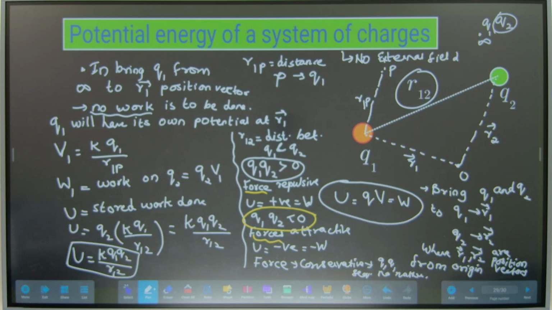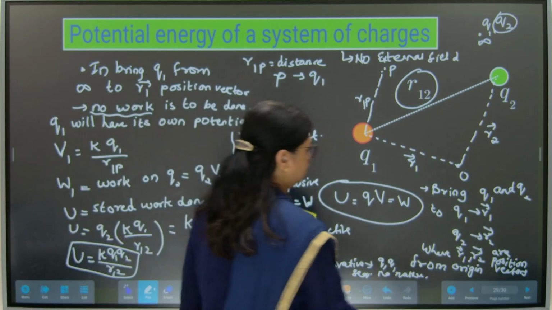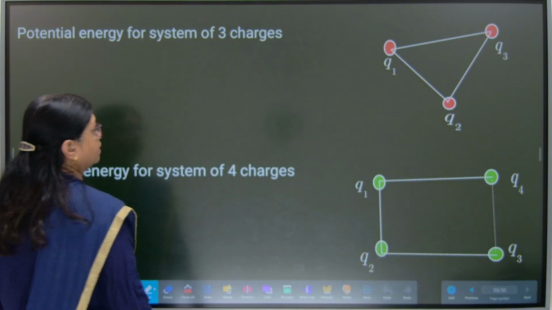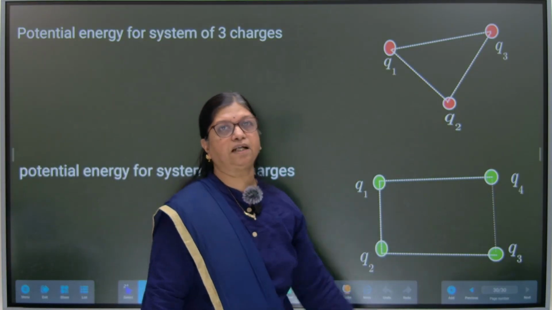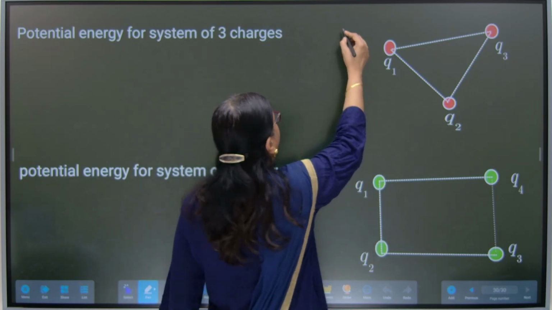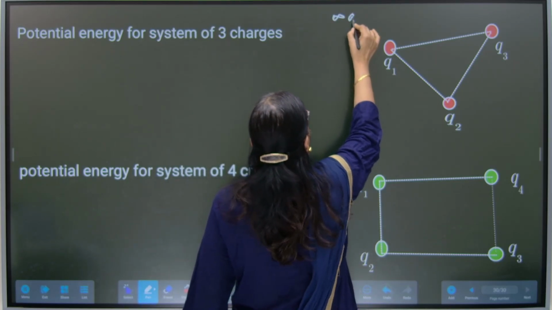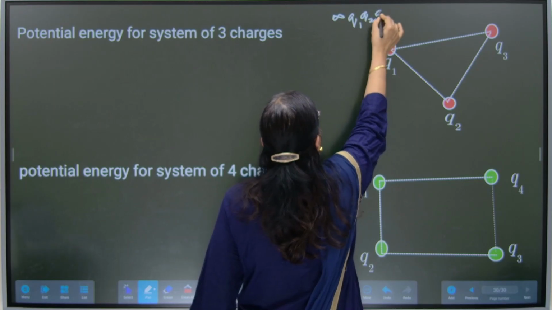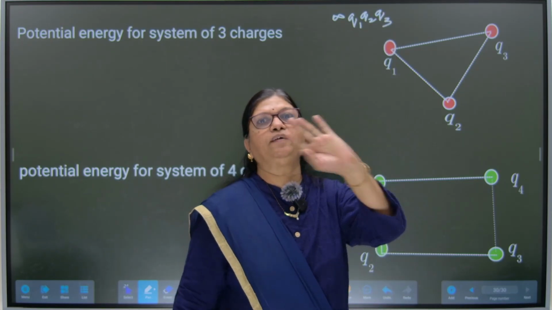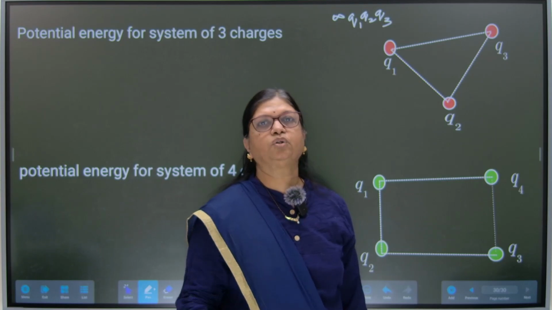What is the energy to associate these 2 charges? That is the question used. Now let us go to the next page where I have made ready the system of 3 charges. First, where are the 3 charges? They are also at infinity. And then one by one we are bringing those 3 charges.